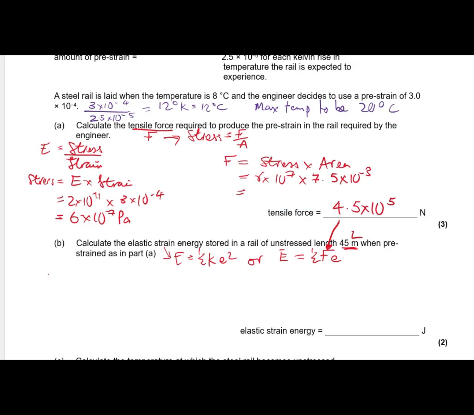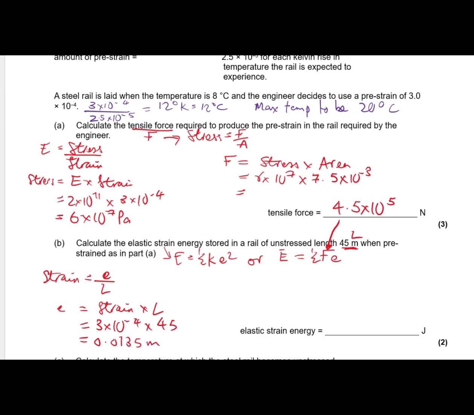So we could use strain is equal to extension over L. Therefore the extension is strain times length. So that is equal to the pre-strain, 3 times 10 to the minus 4, times 45. So there's my extension, which is 0.0135 meters.